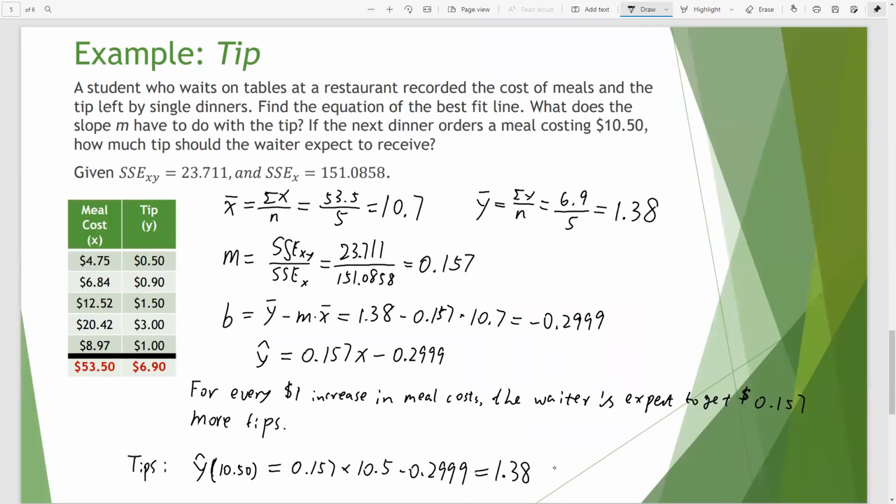Round it to $1.35. Right, so the tip they expect to receive is $1.35 for the meal that cost $10.50.